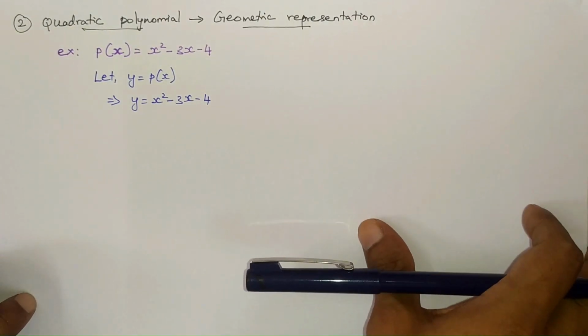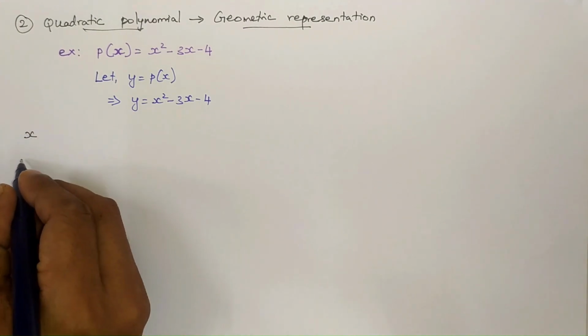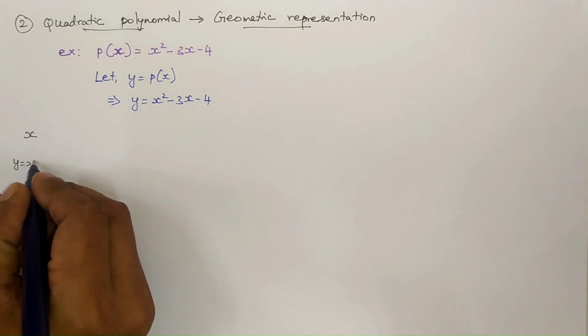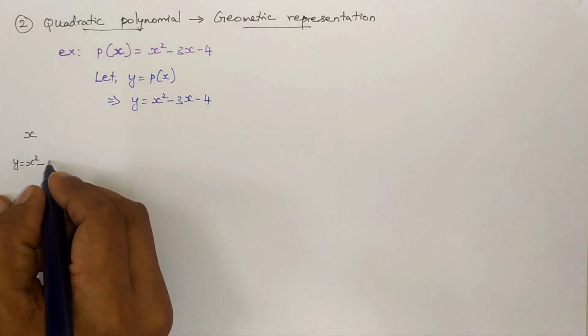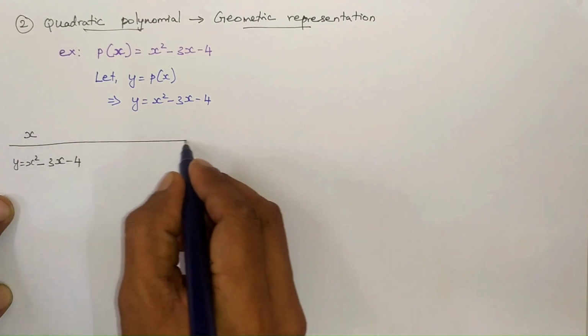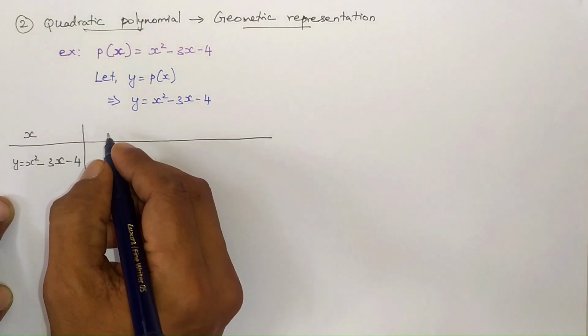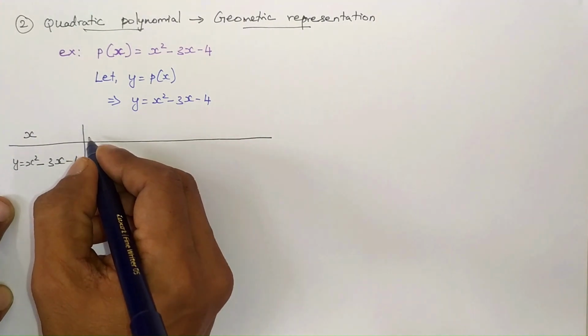So what we should do? We should try to get the points. So I have x and I have y is equal to x square minus 3x minus 4 here. So I want to get the points. So I want to move from minus 2 to 5.